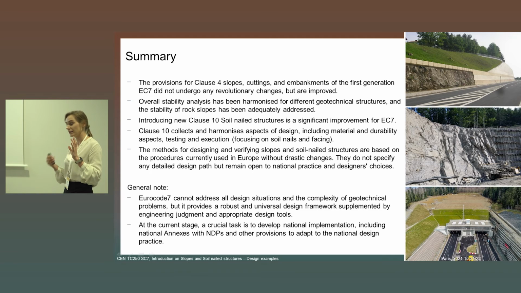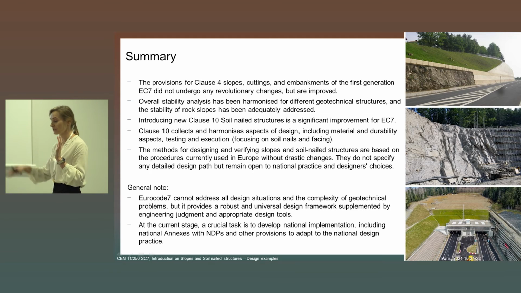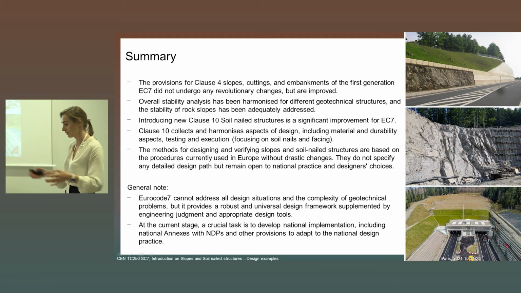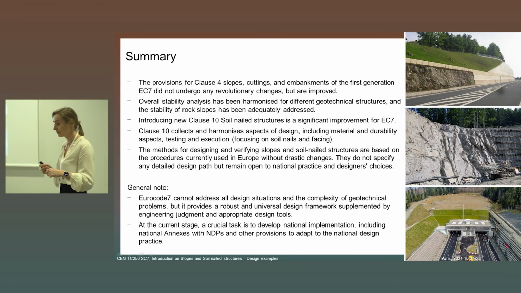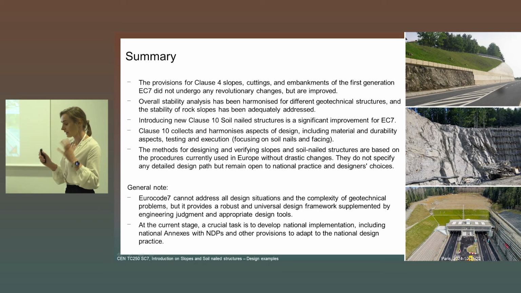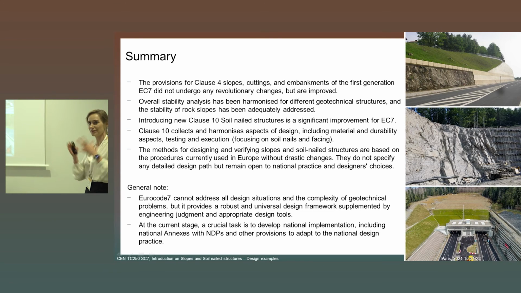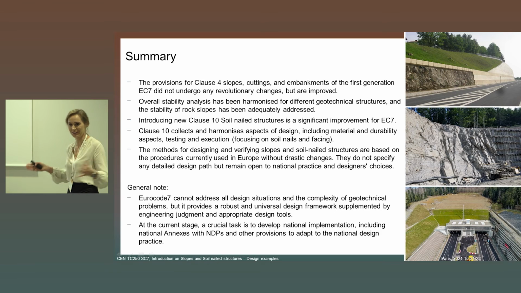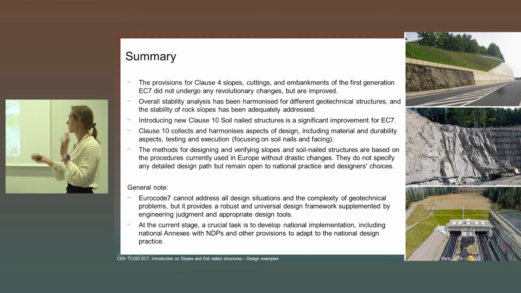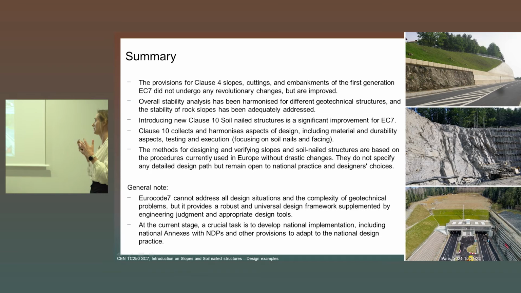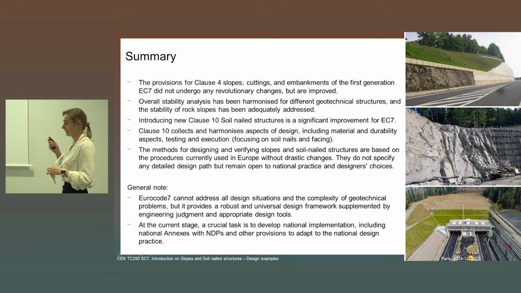The overall stability analysis is now harmonized for different geotechnical structures in the whole Eurocode, and the stability aspects in rock were added. Regarding clause 10, obviously, having soil structures covered is a great improvement in Eurocode 7. It collects and harmonizes aspects of design, including material durability aspect and testing and execution.